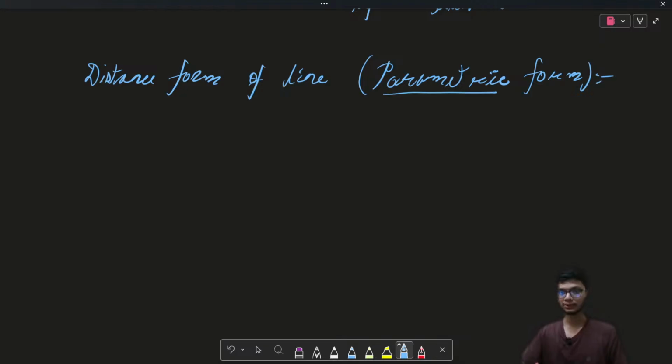So this is called the parametric form or distance form of line. Okay, so let us try to understand what this particular thing implies.